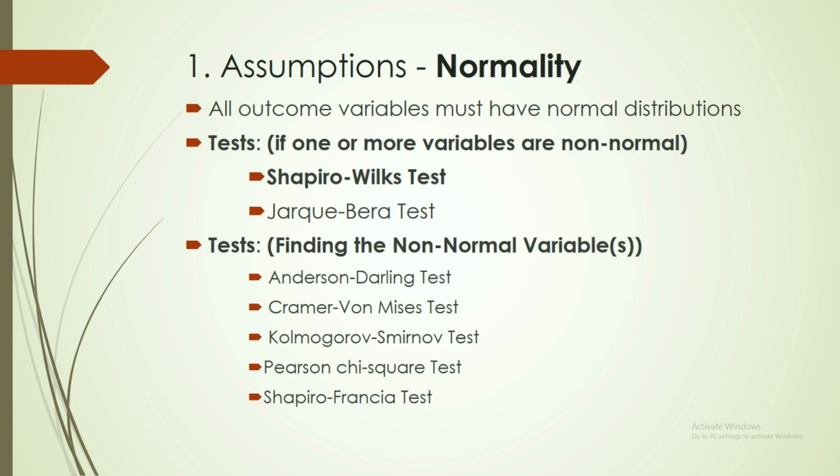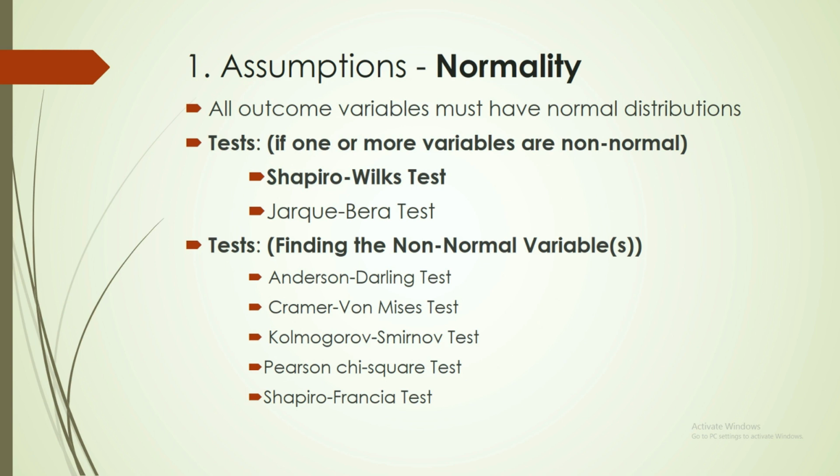And the third one is that the variance-covariance matrices of the two groups that we're going to be comparing must be the same. For the assumption of normality, it means that all the outcome variables that we look at for the analysis must have normal distributions.